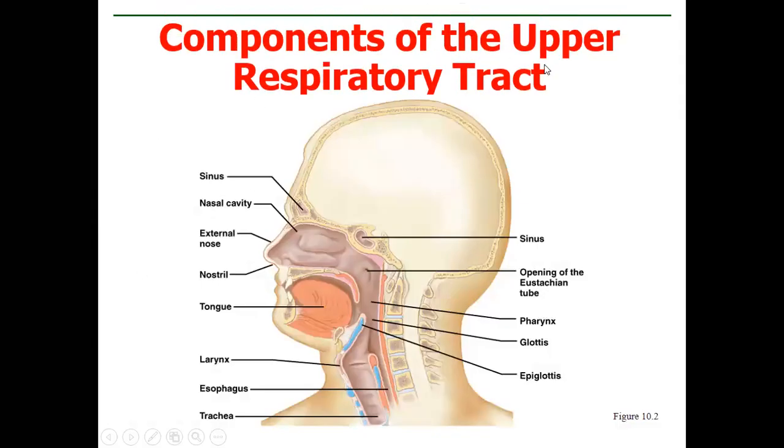Components of the upper respiratory tract: the nostril, nasal cavity, pharynx, glottis and epiglottis, larynx, and trachea.